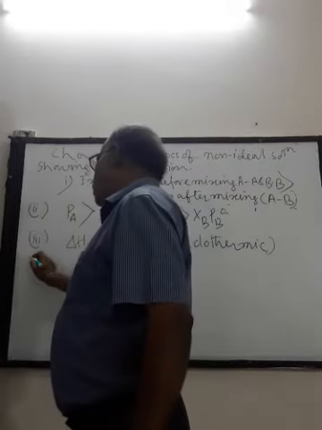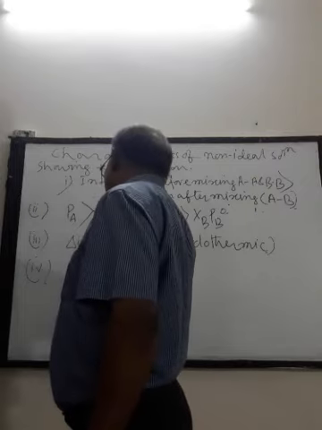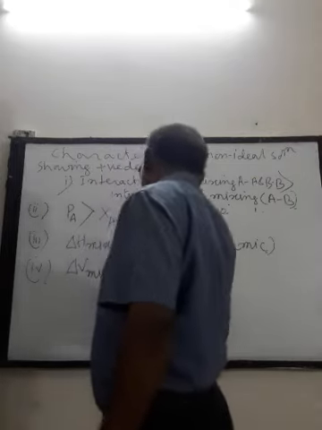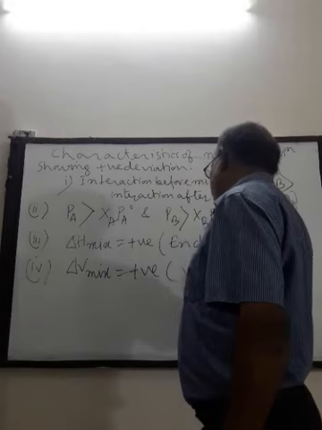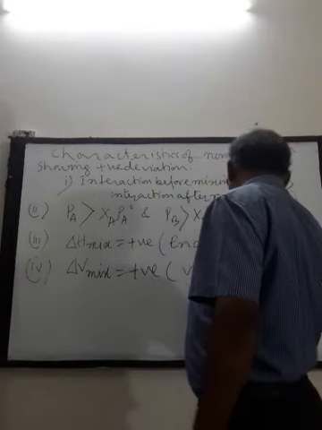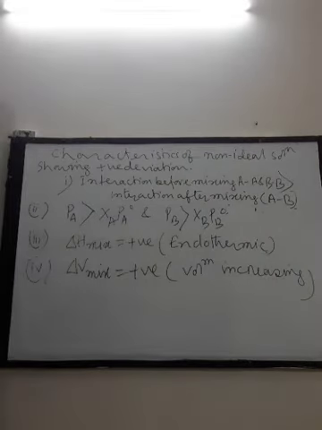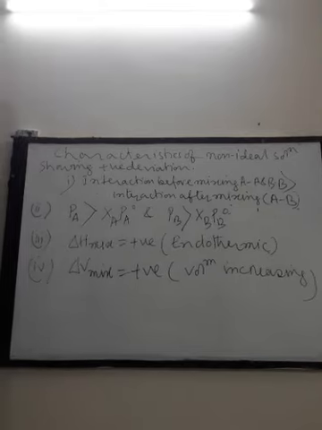And number 4, delta V mix is also positive, that is volume increasing. So these are the 4 characteristics of a non-ideal solution showing positive deviation from Raoult's law.